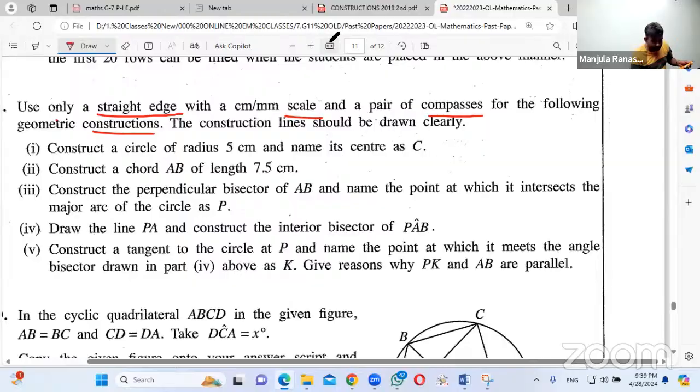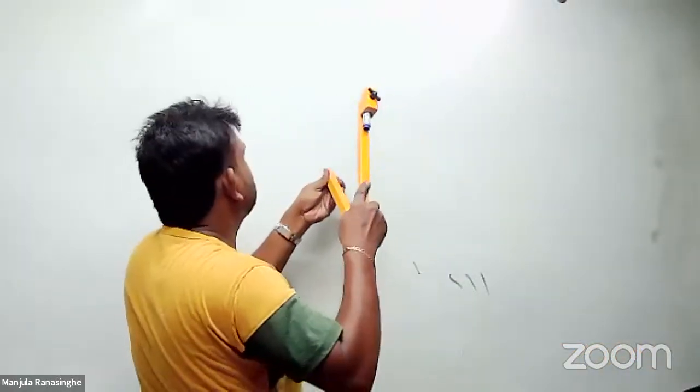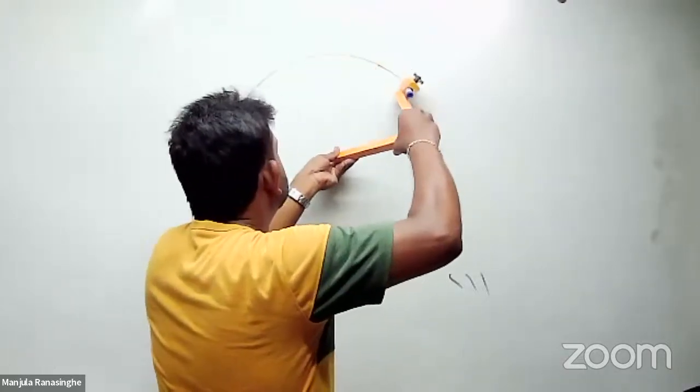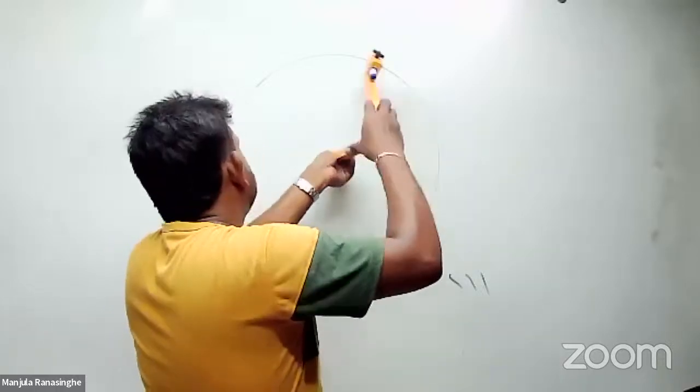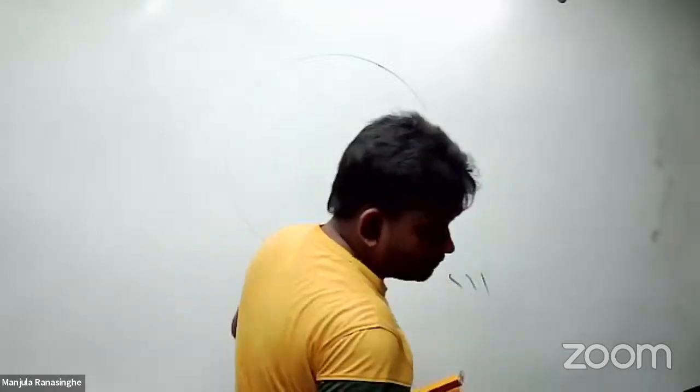So imagine I draw this circle with radius 5 centimeter. Imagine this is how you draw the circle with the given radius 5 centimeter. So that is drawn.